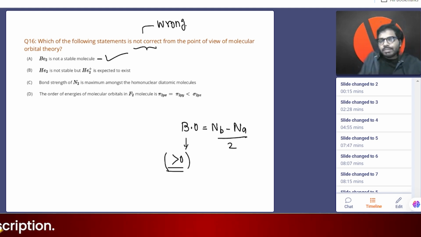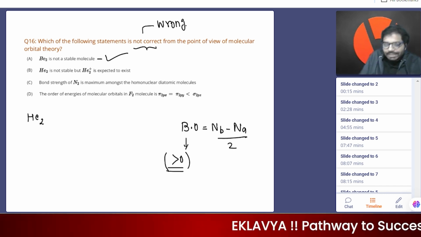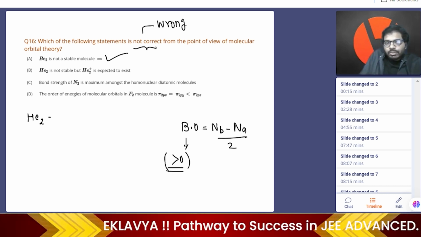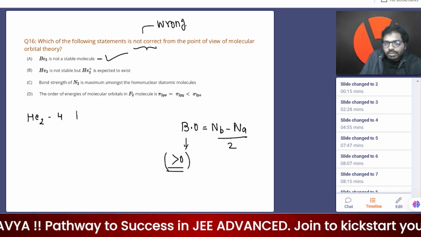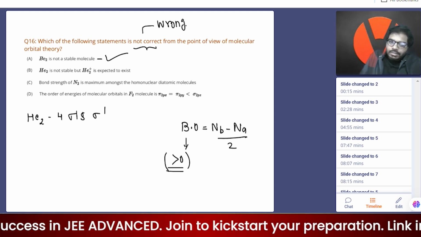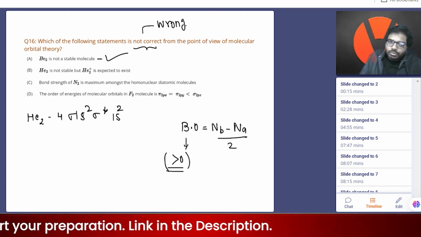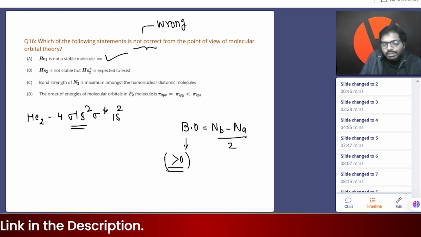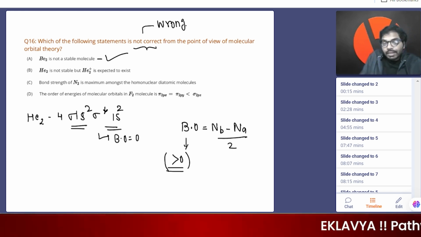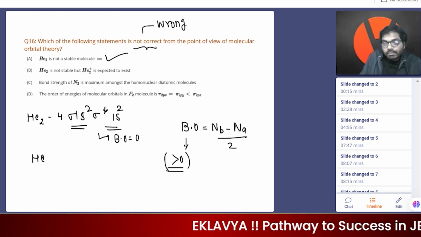He2 is not stable, but He2 positive is expected to exist. We will check He2. The number of electrons here will be 4. So I can say sigma 1s and here sigma star 1s. So 2 and 2, we can say 2 electrons in the bonding, 2 in the anti-bonding. So by this formula the bond order will be 0.